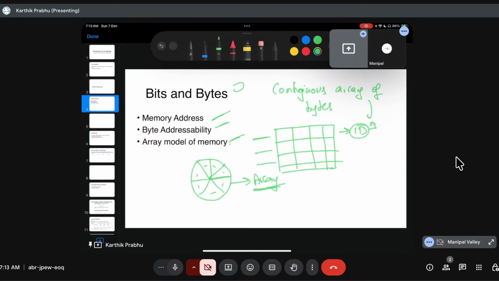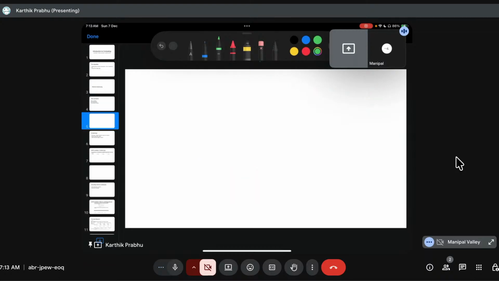So one small question: let's say there is 64 kilobytes of main memory. How many memory addresses would be needed to find 64 kilobytes of main memory?